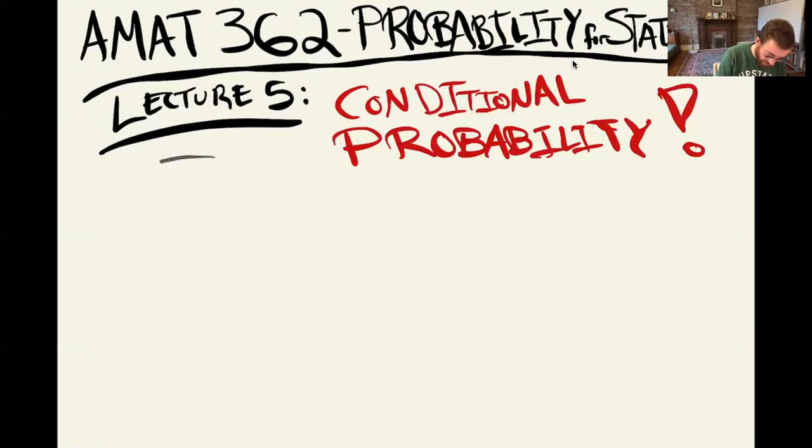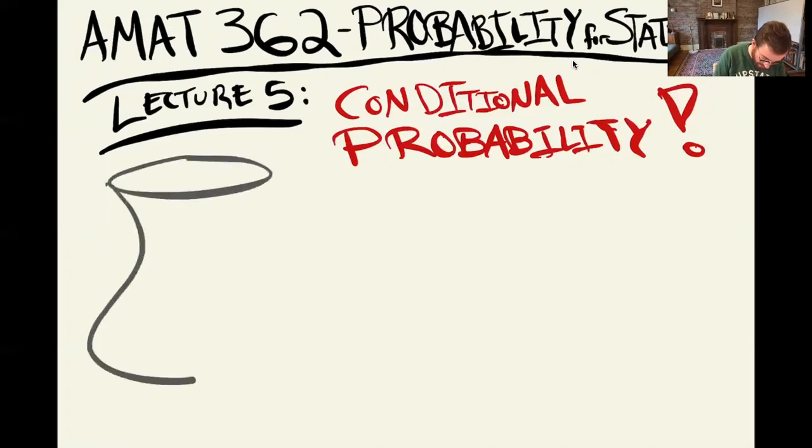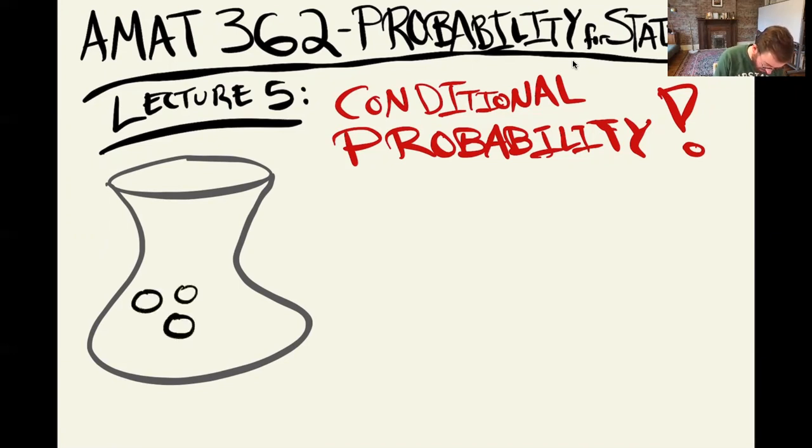Imagine I have my urn, which we think of as sort of an opaque vase that has balls inside of it of different types or different attributes. In this case, let's imagine I've got a bunch of red balls and white balls. So here I've got a total of 10 balls, some of them red and some of them white.